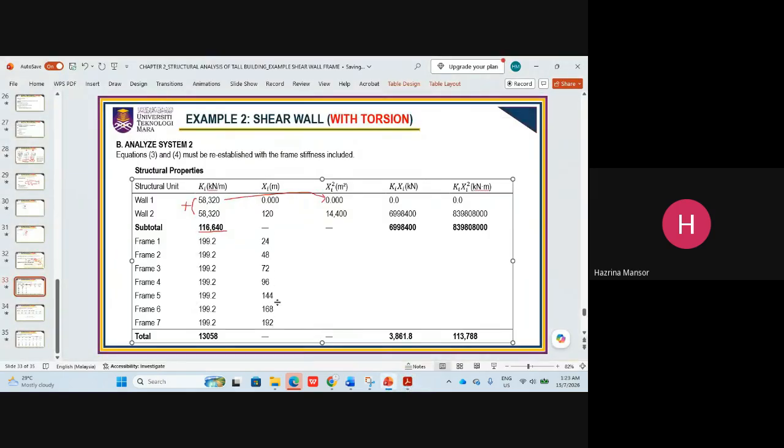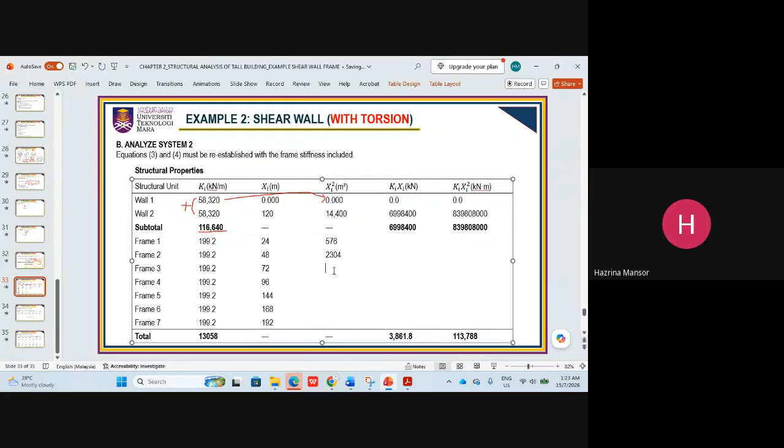So once you get all the distances, similarly, you need to do just 24 squared. So you get 576, and then 48 squared, you get 2304, and then you have the 72 squared.